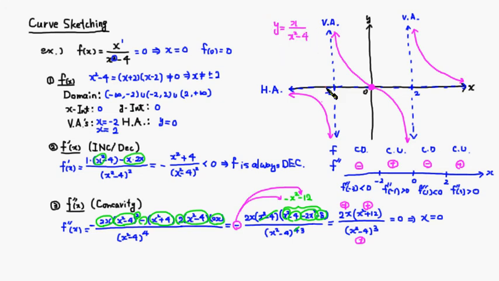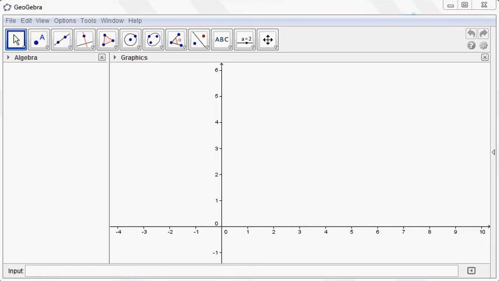So let's use a computer to sketch the graph to see if we get a picture pretty close to the actual picture. Let's do that. I'm using a free software called GeoGebra, and I'm going to sketch the graph.